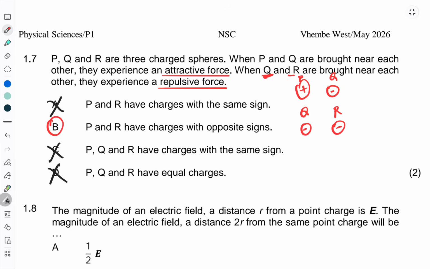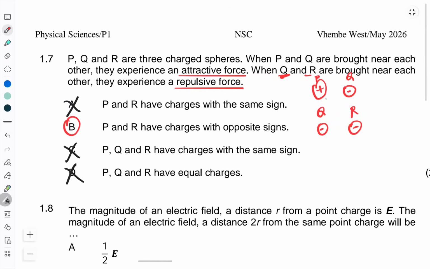So it means P and R have charges with opposite signs. You still get opposite signs at P and R. So that's how you do it, that's how you think about it, and that's the way you would answer this question.